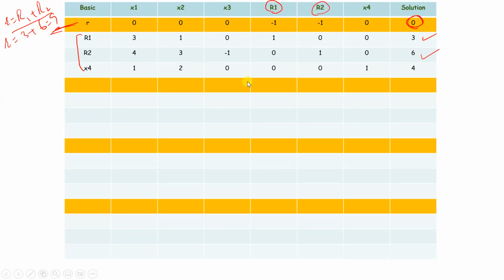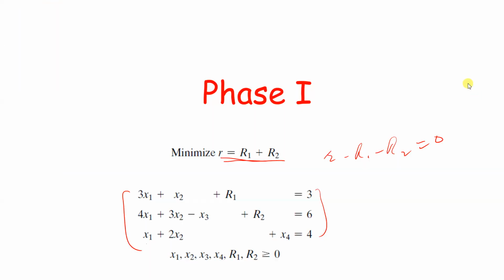Again we follow the same process we learned in the M method. Here R1 is equal to 3 minus 3x1 minus x2. R2 is equal to 6 minus 4x1 minus 3x2 plus x3. Plug these values into the objective function.